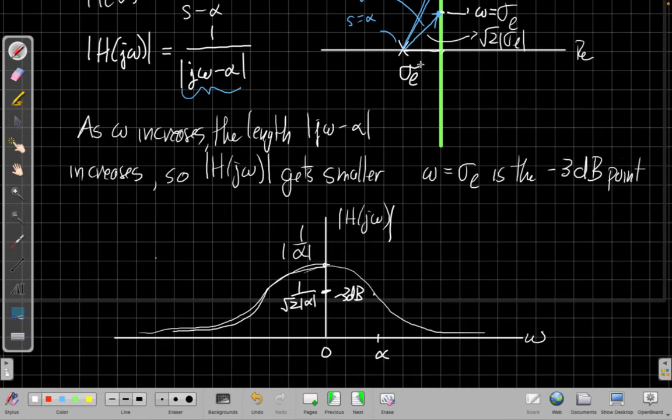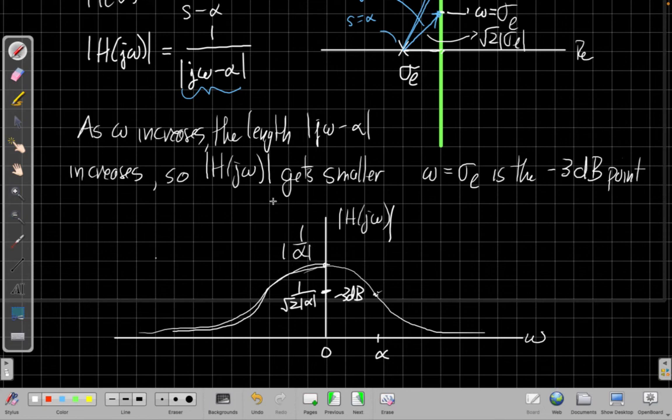So when I'm making my 45-45-90 triangle here, where the imaginary part equals the magnitude of the real part, the break point in our Bode plot is also the point where I'd be 3 dB down on my way down. So that's the simple first order version.